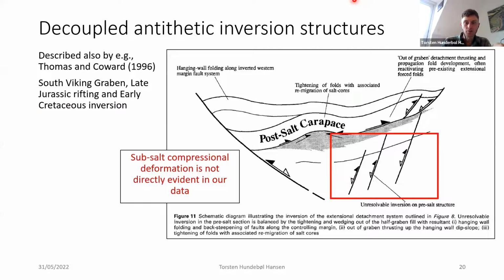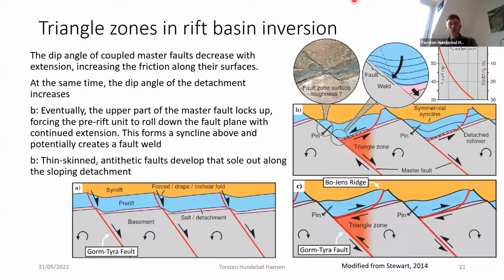And then I stumbled upon an interesting paper by Stewart from 2014, about so-called triangle zones in extensional and inverted basins. I shouldn't spend too much time on this. It is quite nerdy, but basically you have domino block rifting with a basal salt layer or weak layer that gradually becomes deeper and steeper.